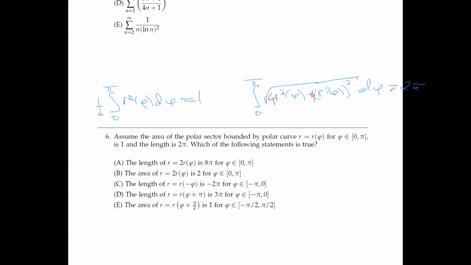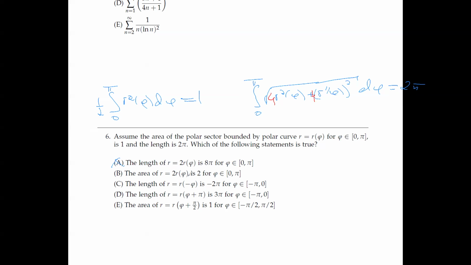So the length will be just 4 pi, right? It is wrong in this case, which means A is not correct.